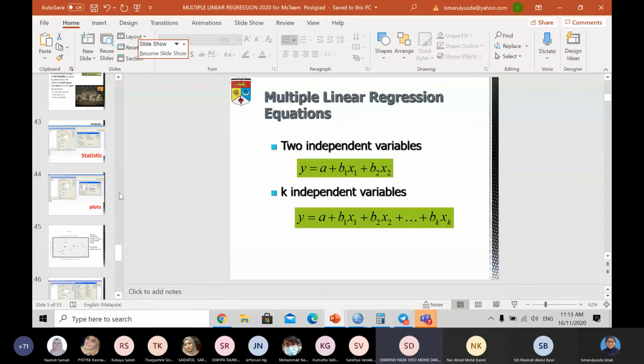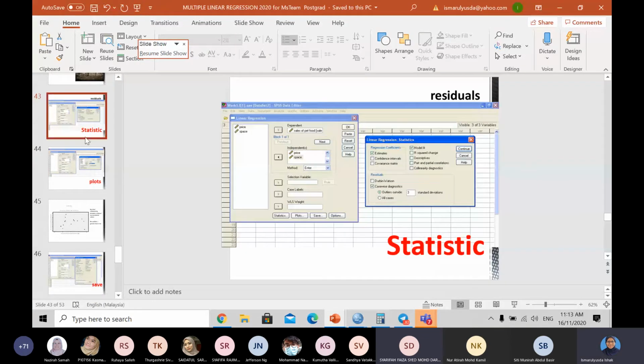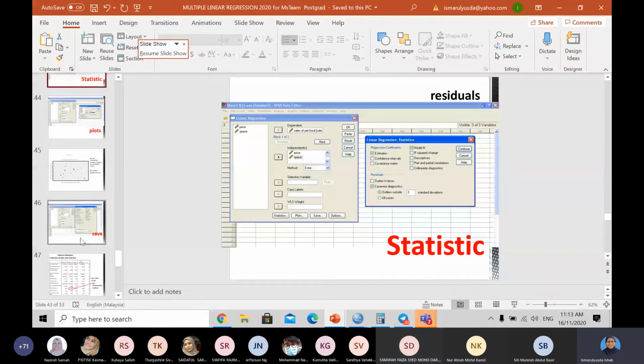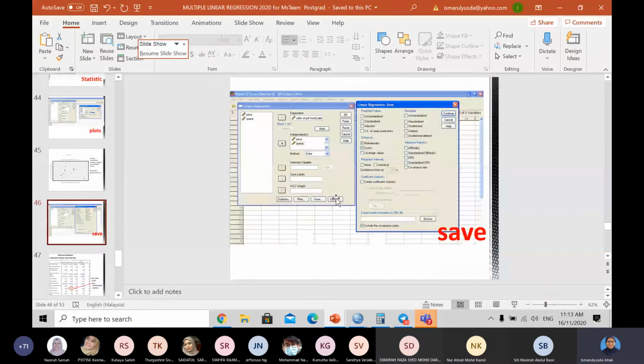You can check them, but it will make you dizzy later, because if you check everything, the output will be very heavy with results.